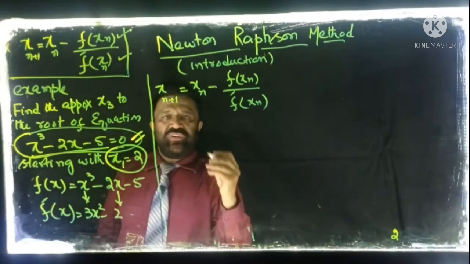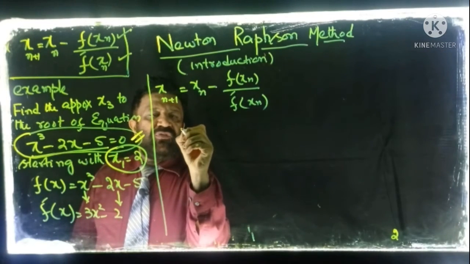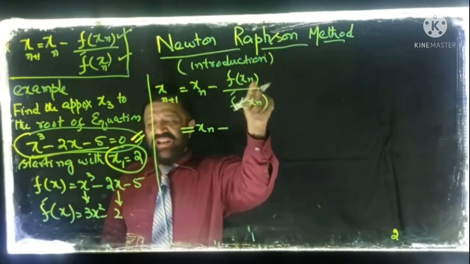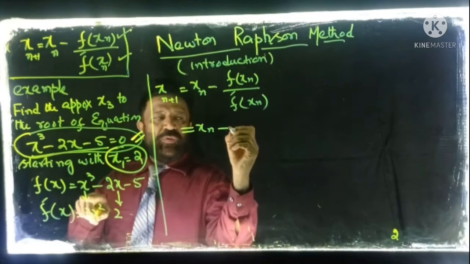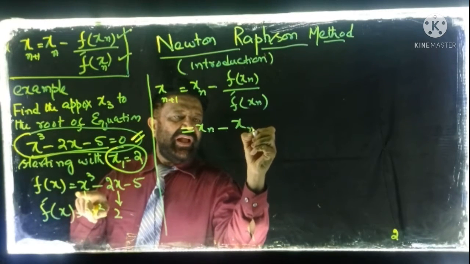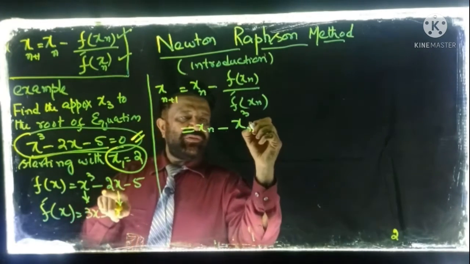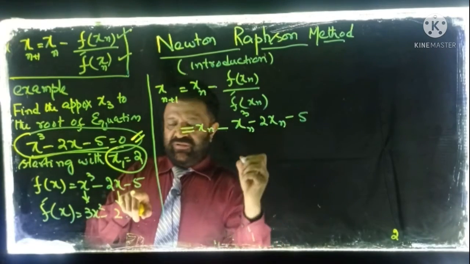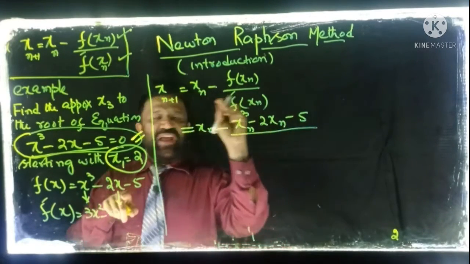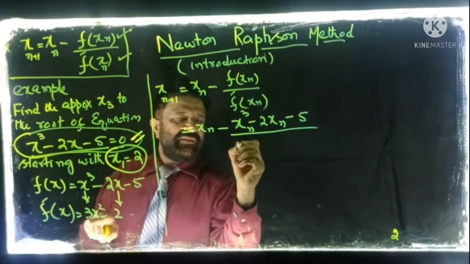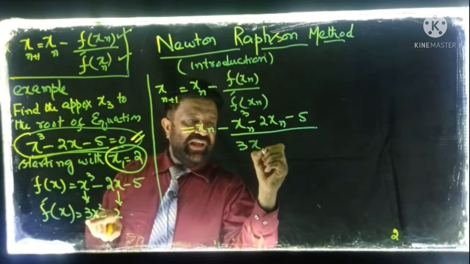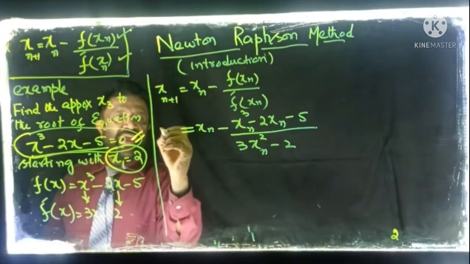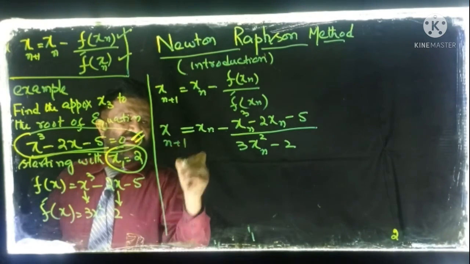Now according to this I will put values over here: x_n minus f(x_n), so that is x_n cube minus 2x_n minus 5, divided by f'(x_n), which is 3x_n square minus 2, and this is x_{n+1}.